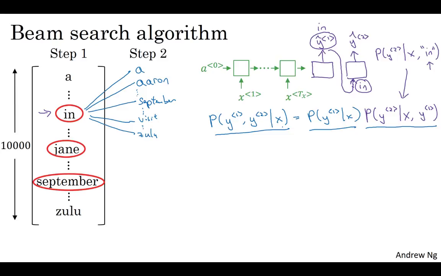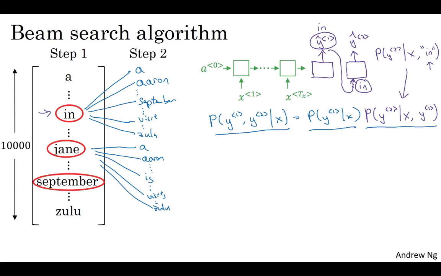So now you've seen how if the first word was in, how you can evaluate the probability of the second word. Now, if the first word was Jane, you do the same thing. The sentence could be Jane A, Jane Aaron, and so on, down to Jane is, Jane visits, and so on.